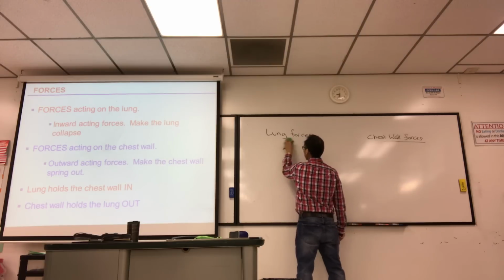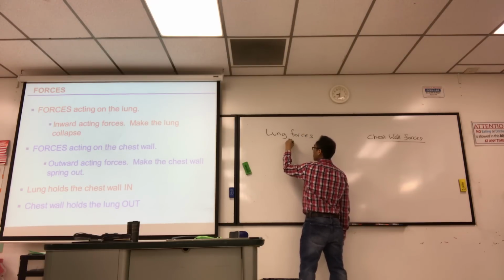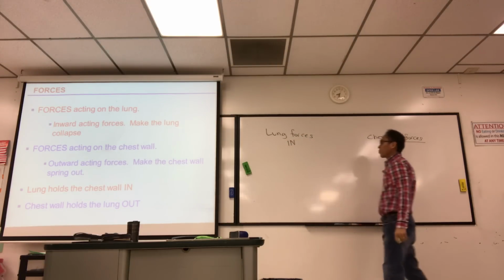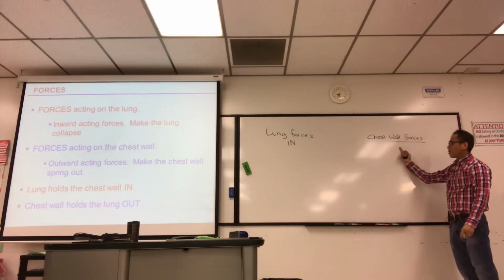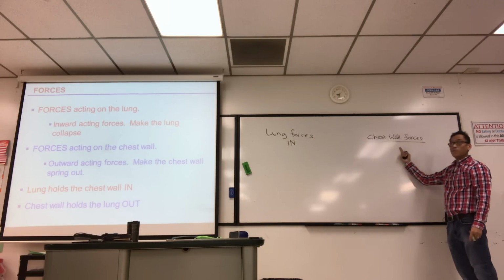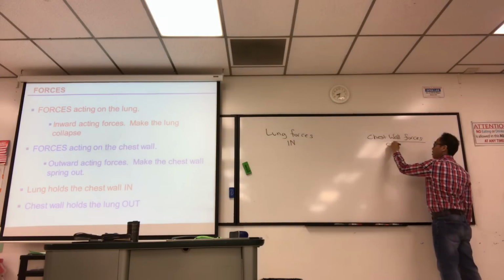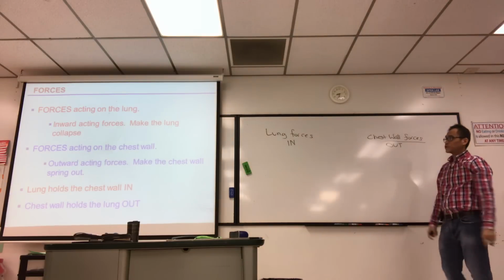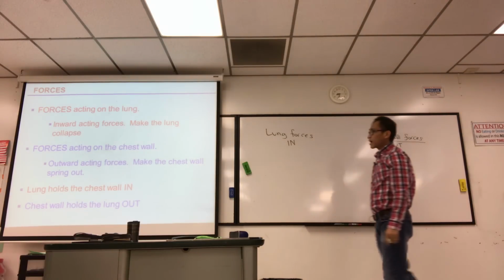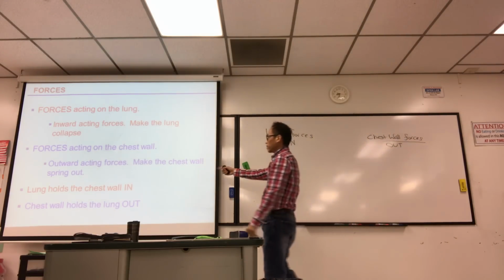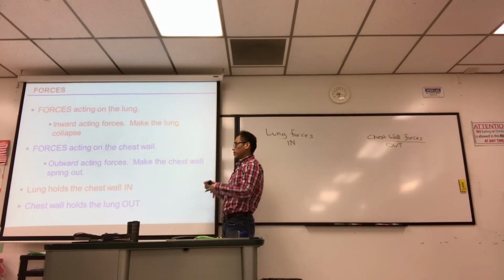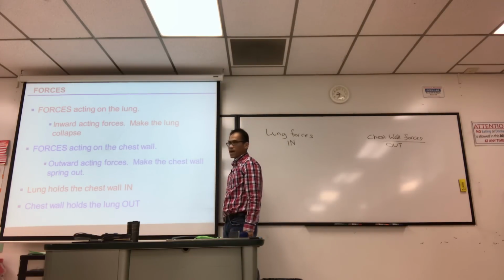I said the lung is stuck to the chest, but that they pull in opposite directions. If I'm calling lung forces in, what do you think I'm going to call chest wall forces? Out? Yeah. They're pulling against each other. Forces acting on the chest wall, they're out. They make the chest wall is like out because it's a stiff cage.